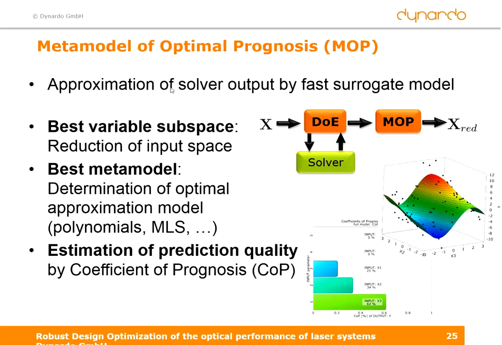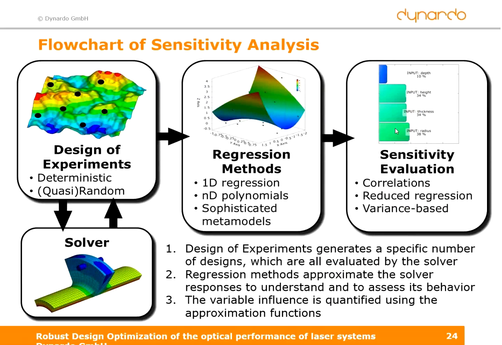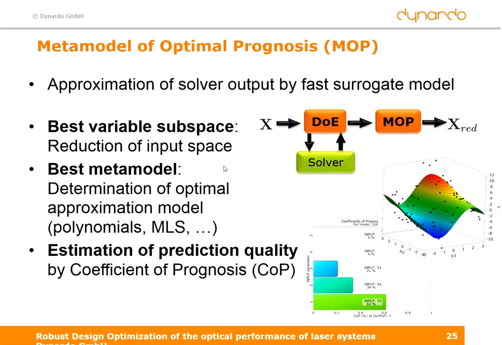As you have seen, this meta model, which is the basis for the sensitivity analysis, is indeed a very powerful algorithm. We call it the meta model of optimal prognosis. And this meta model is actually the approximation of the solver output by a fast surrogate model.